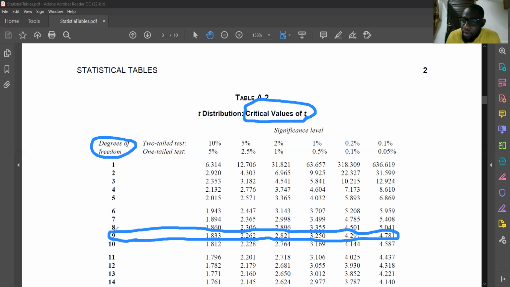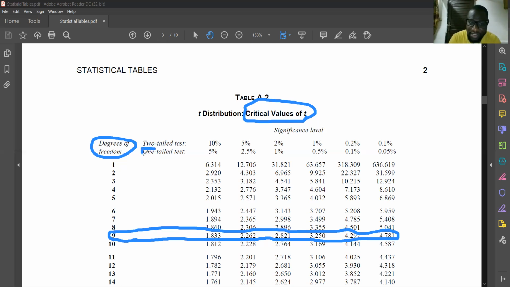To know which of the 6 values to select, it should be informed by whether your hypothesis is non-directional, which is two-tailed, or directional. We're able to decipher that our hypothesis is directional. It means that it is one-tailed.